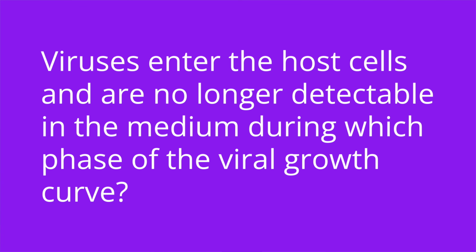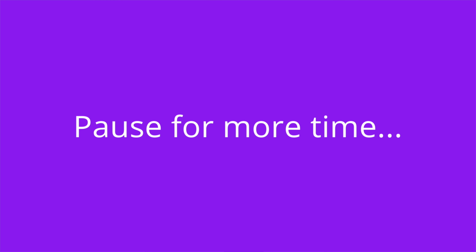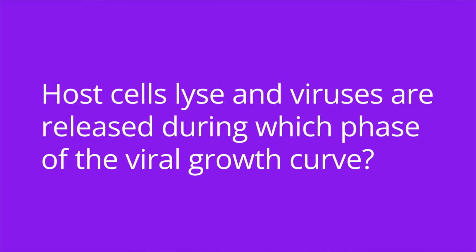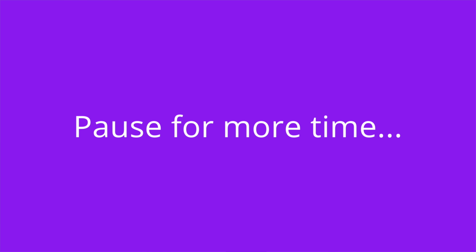Viruses enter the host cells and are no longer detectable in the medium during which phase of the viral growth curve? The answer is the eclipse phase. And question number 3. Host cells lyse and viruses are released during which phase of the viral growth curve? The answer is the burst phase.